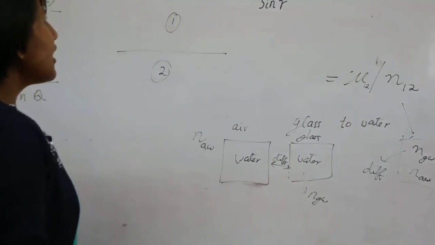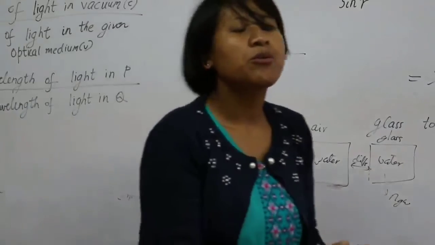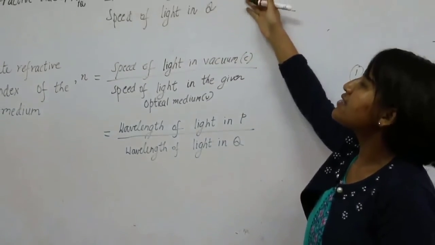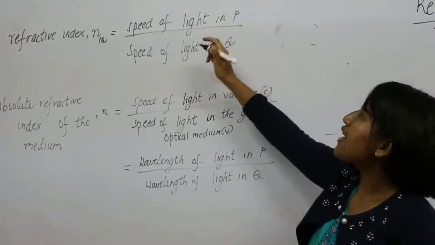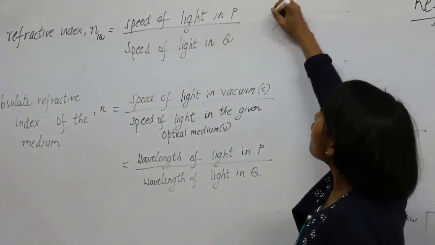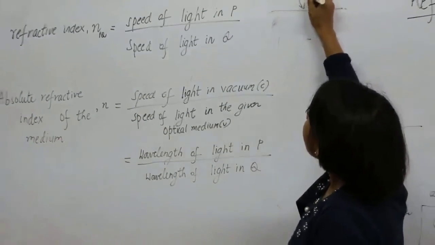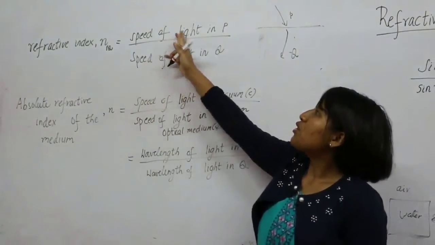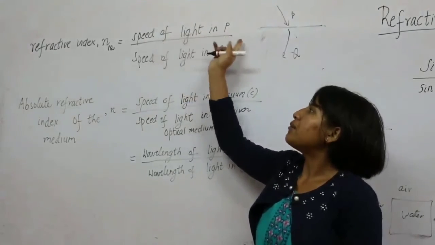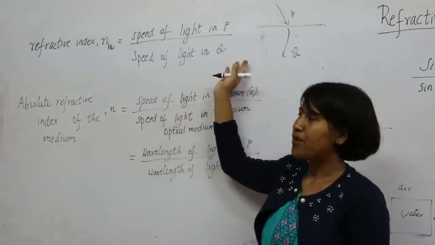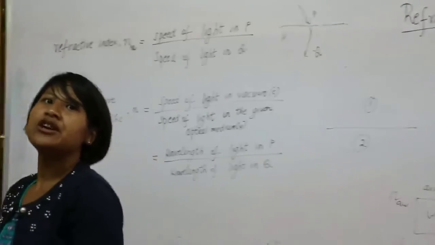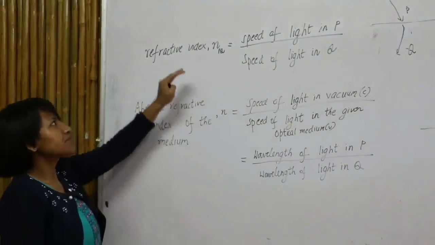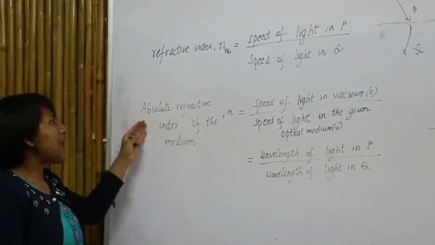Then the refractive index of the second medium with respect to the first medium can also be expressed mathematically. When light travels from P to Q, the refractive index can be expressed as the speed of light in P divided by the speed of light in Q. However, when the first medium is a vacuum, we no longer say refractive index, we call it absolute refractive index.